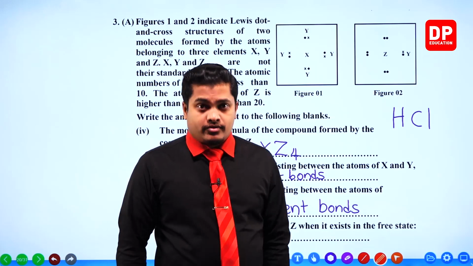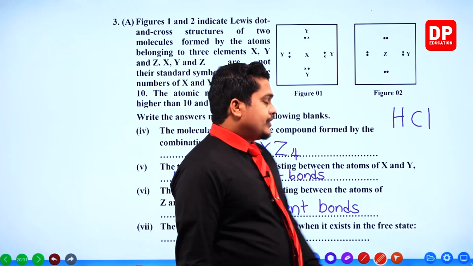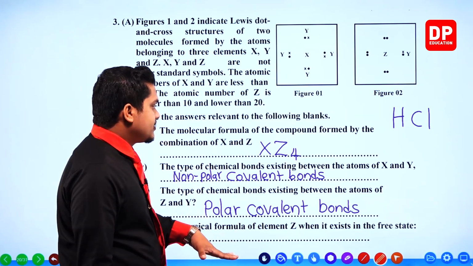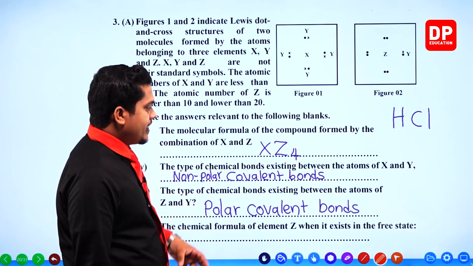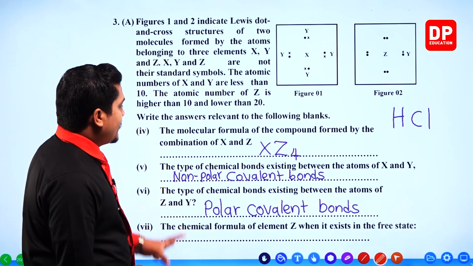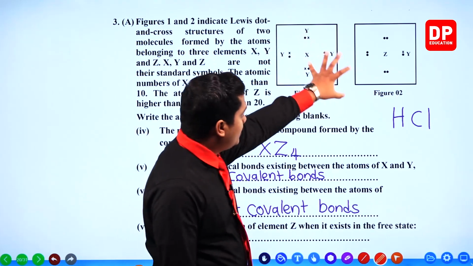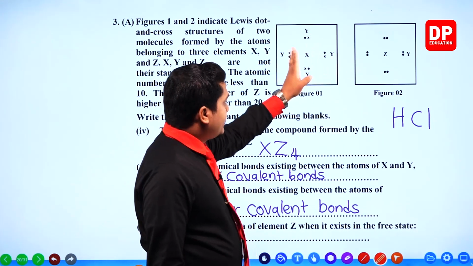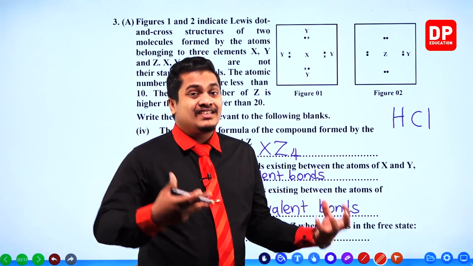So therefore, my dear children, when you are asked about the bond types, mention polar or non-polar nature. That's a good answer, right? So the type of chemical bonds existing between the atoms of X and Y, this is a non-polar molecule, my dear children, because when you take the central atom, the electronic distribution is similar or equal, or it is symmetrical.